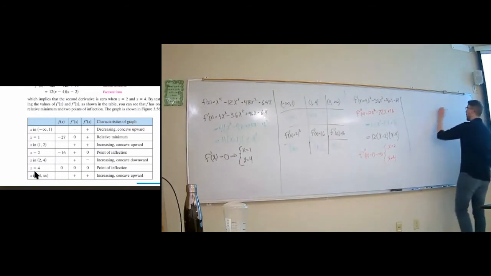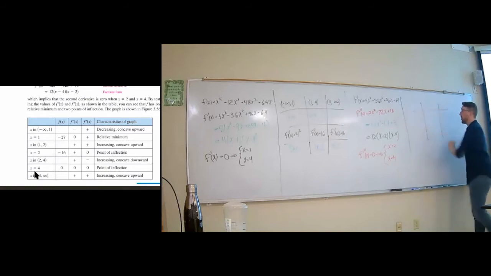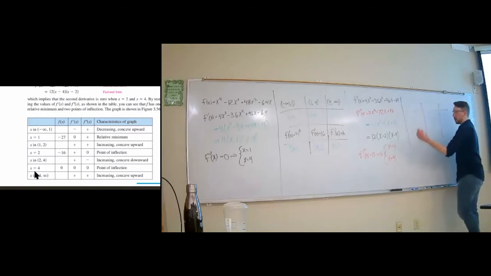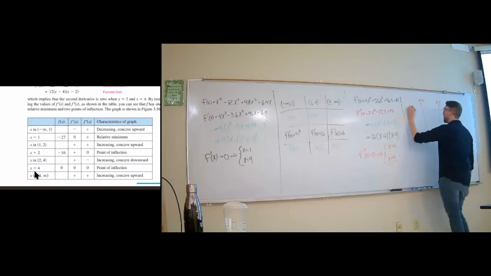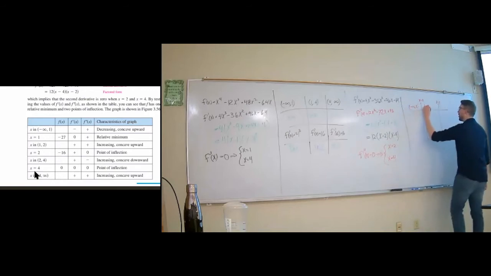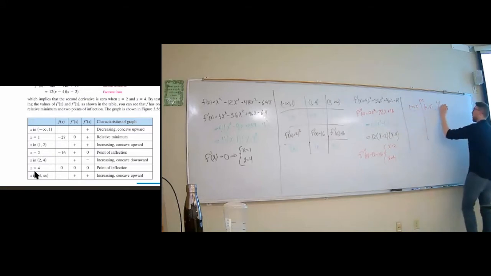Now, just quickly showing what the second derivative test looks like on its own. x is equal to 2, x is equal to 4, negative infinity to 2, 2 to 4, 4 to infinity.